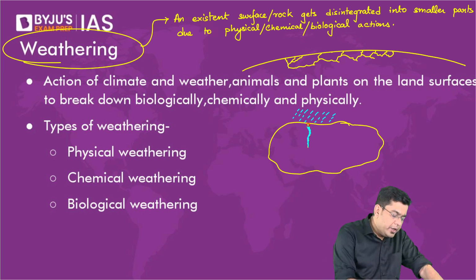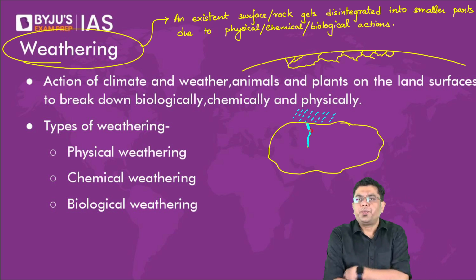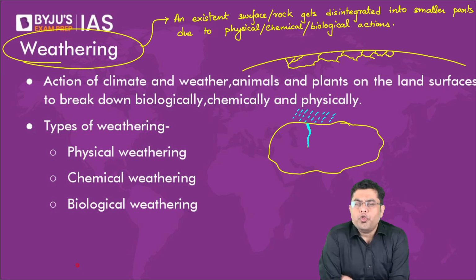Now, during the winter season, when the temperatures go low, this water which is present will freeze. And what will happen to the crack? When this water gets converted into ice, what will happen to the crack? Will the crack size remain the same? Will it contract or will it expand? What do you think?